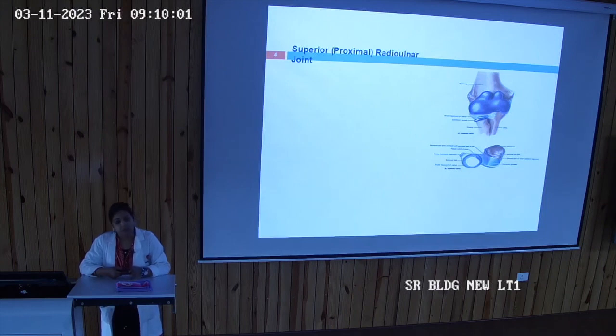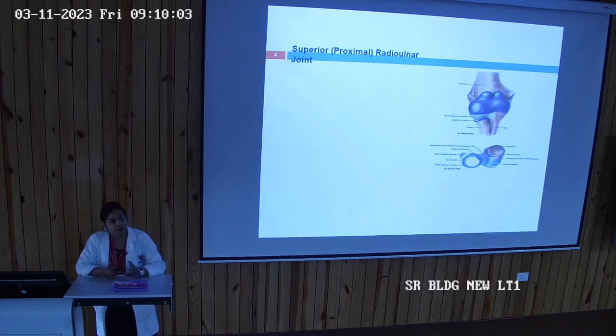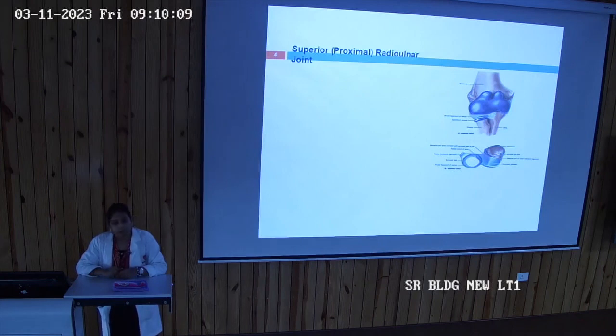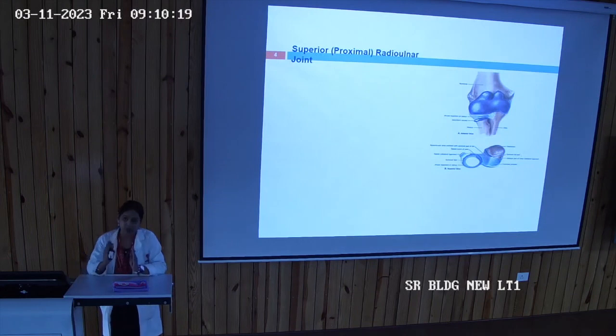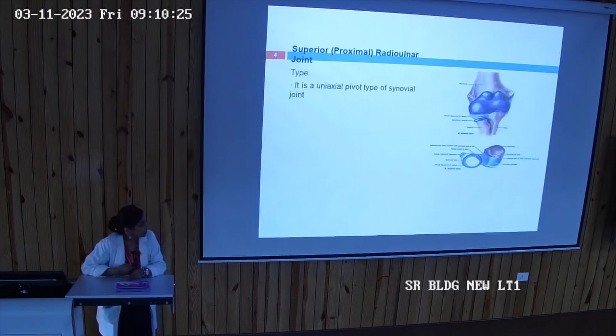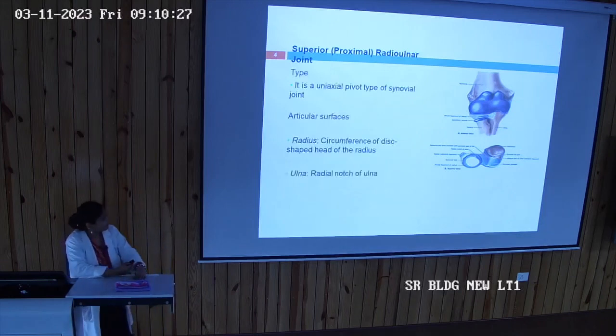Then third is the annular ligament itself. What is the annular ligament? It's a fibrous band which forms a ring around the head of radius, and it is attached to the margins of radial notch of ulna. The radial notch on the ulna has two everted margins, anterior and posterior. These two margins give attachment to the annular ligament.